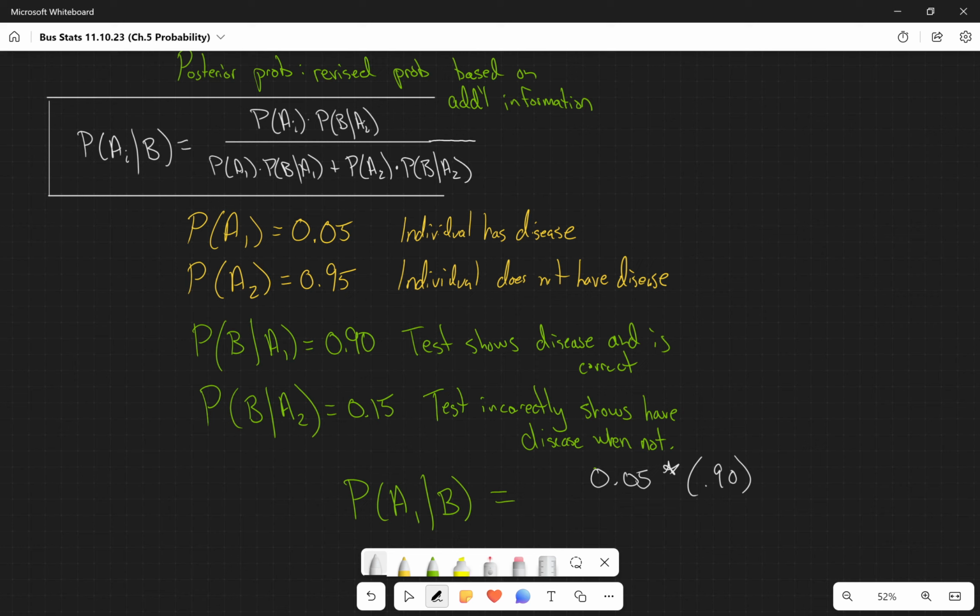And then we're going to divide this whole thing by that same 0.05 times 0.90, and then plus 0.95 times that false positive rate.